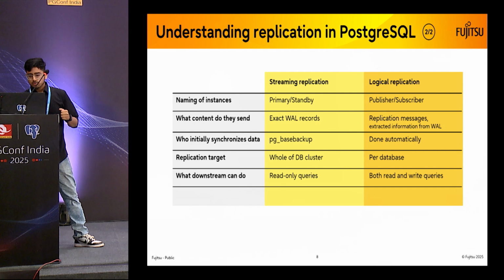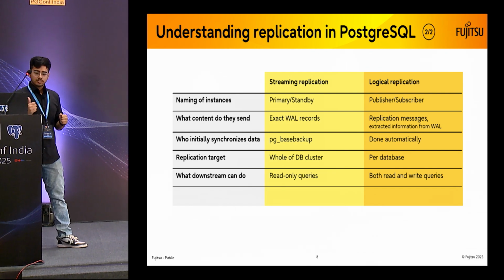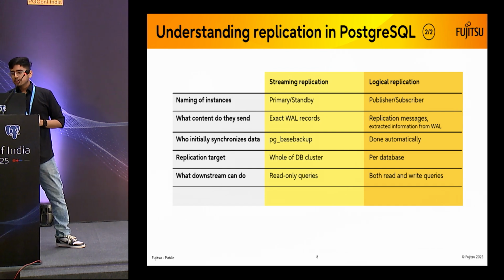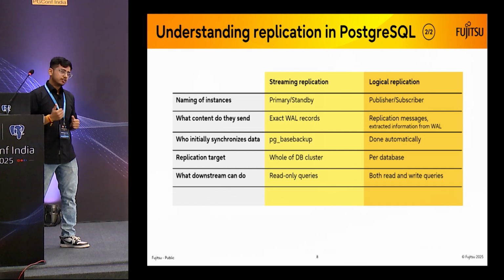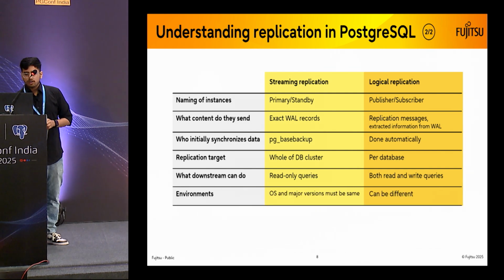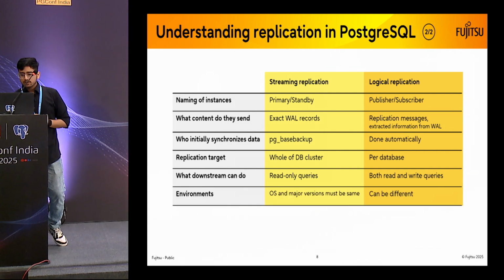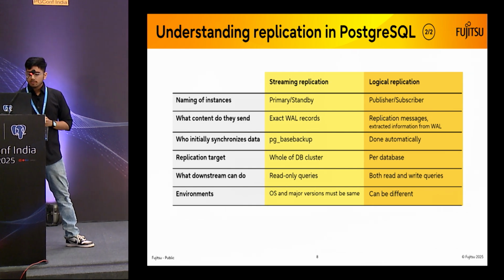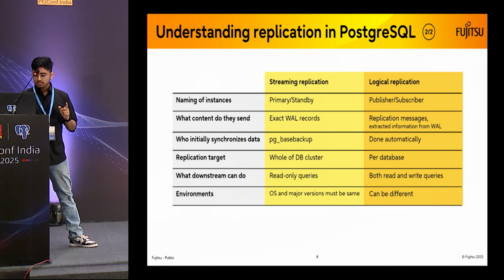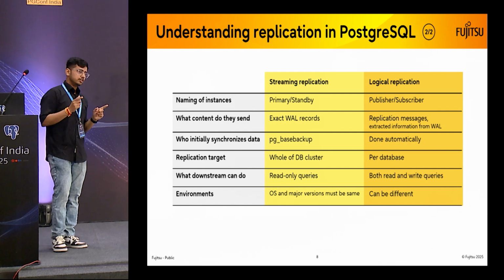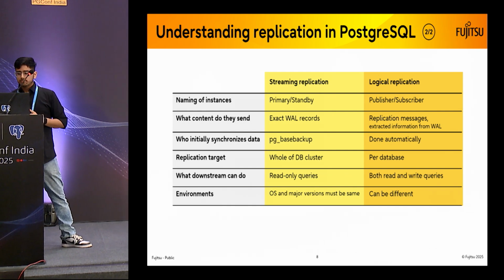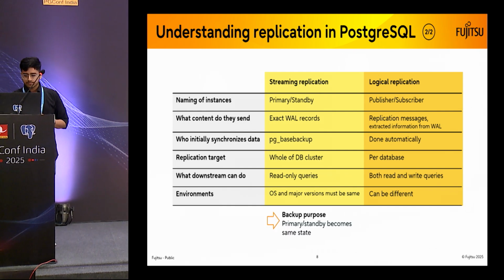What can downstream do? In case of streaming replication, we can only do read-only queries on the standby node, whereas in logical replication, we can do both read and write on the subscriber node. For environment, streaming replication requires the OS as well as the major version of Postgres to be the same on both instances of the cluster, whereas in case of logical replication, there is no such restriction.